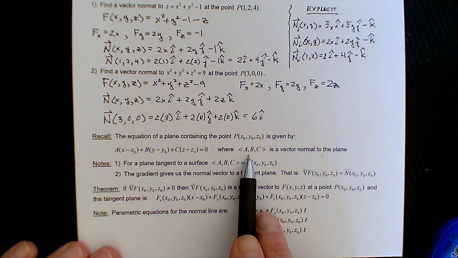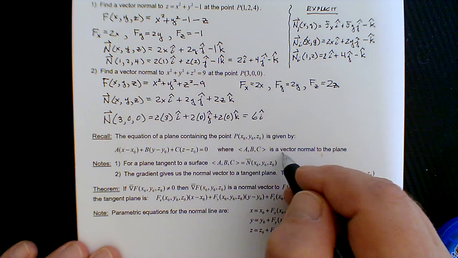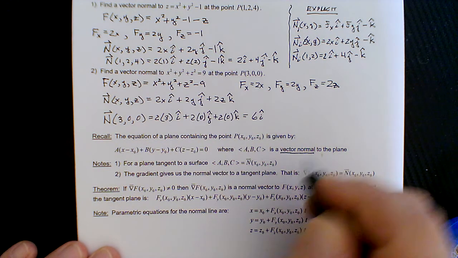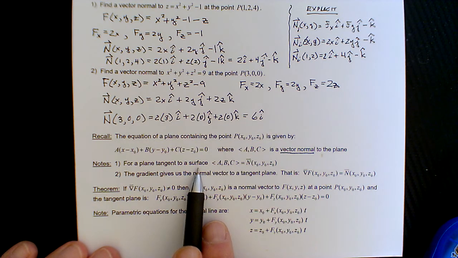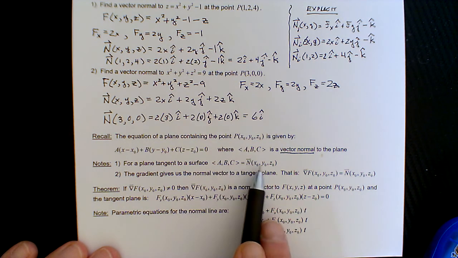And that's where a, b, c is the normal vector. So for a plane that's tangent to a surface, the normal vector is that formula that we just found. So that's going to be pretty straightforward.